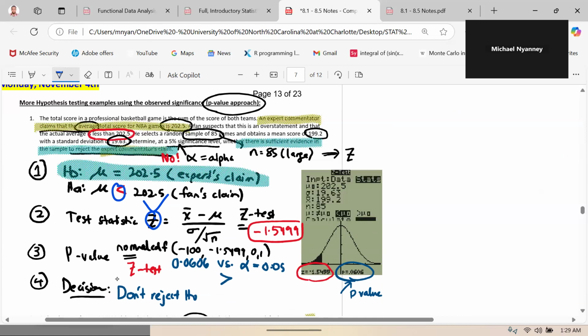Then based on the direction, we can write probability that our z is less than a certain value that the z picks. We don't know it, so let's write it like k. Based on this direction, we can get it from our calculator using the normal CDF. If you get that, then since we are at one direction, we compare it with our alpha and make a conclusion. That is what we did.